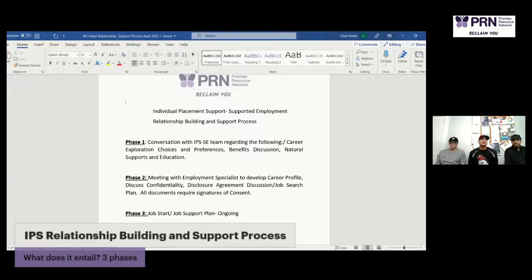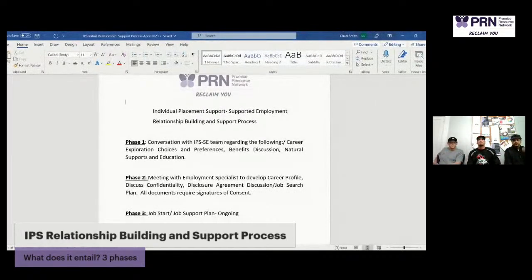We also take the time to discuss benefits. What are benefits, you may ask? Some individuals receive disability income, SSI, SSDI, that type of income. A lot of times I've heard that some individuals feel very reluctant and hesitant to start working knowing that they have their benefits, because they don't want to lose or jeopardize their benefits.